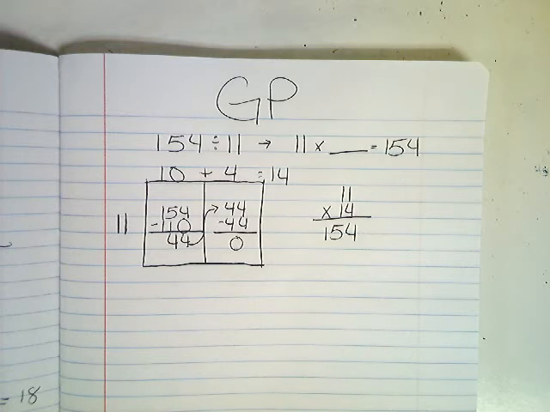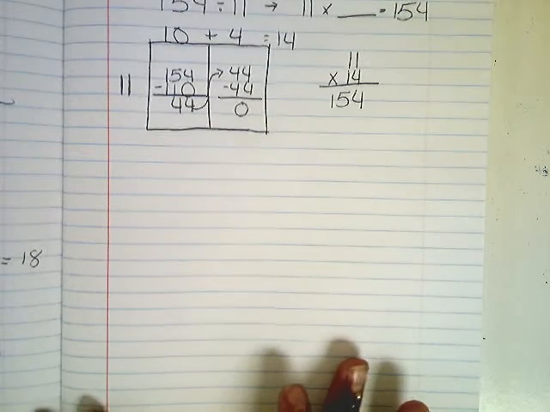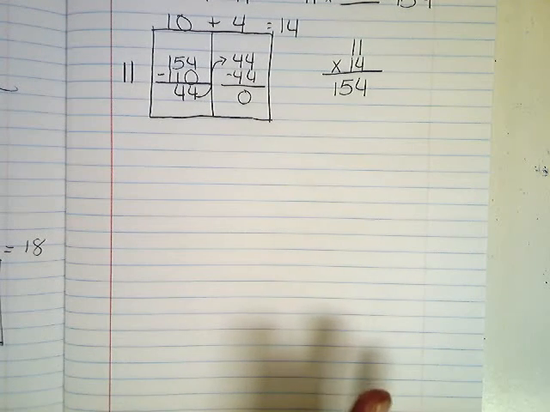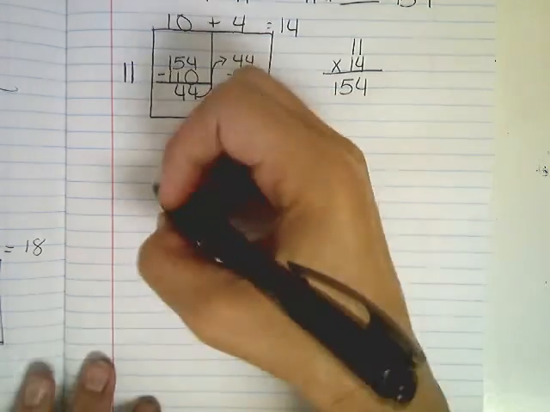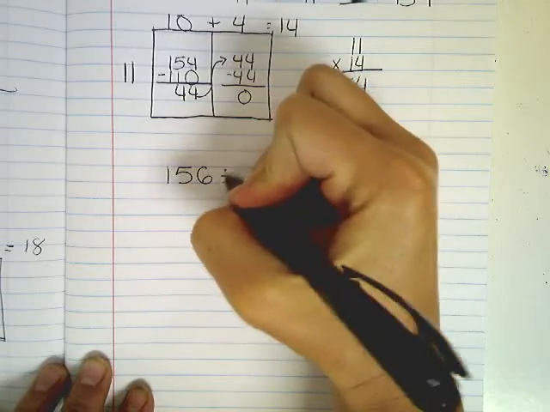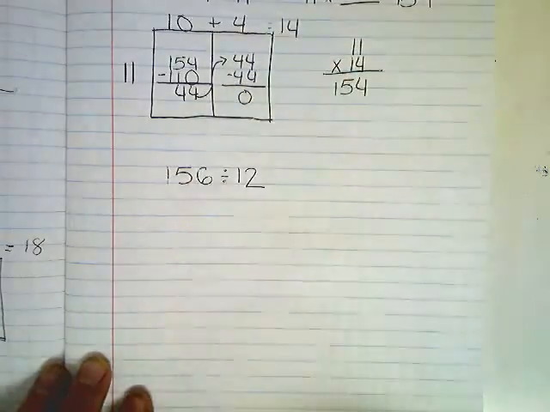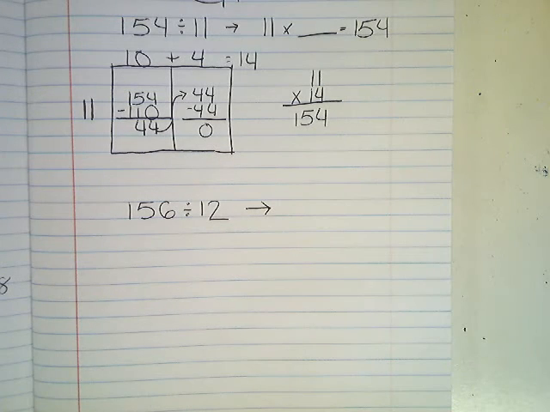Let's try another one. I'm going to write the problem, and if the teacher could pause it to allow you to try it by yourself for a minute, and then we'll check it together. The problem is 156 divided by 12. Step 1, we got to rewrite it.